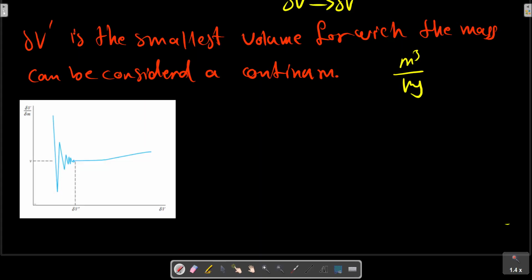In this picture, in the limit of zero volume, the specific volume may be infinite, since the volume does not contain any mass or very little, as the volume is part of molecules. Delta V prime is where the specific volume is in continuum, the mass in continuum.